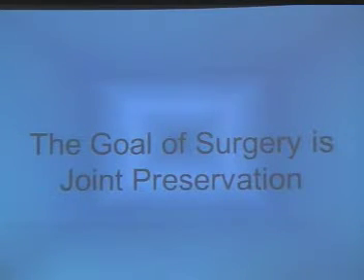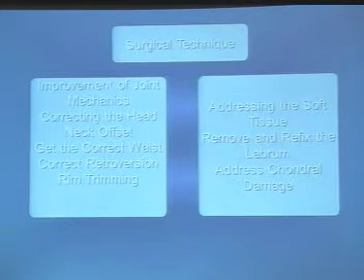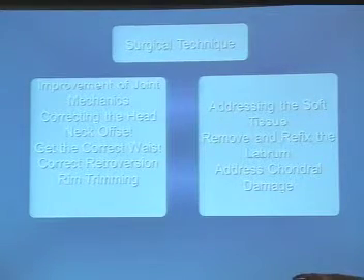The goal of the surgery is to improve the joint mechanics, correcting the head and neck offset, getting the correct waist and correcting the retroversion, and at the same time addressing the soft tissue problems of labrum and the chondral damages.